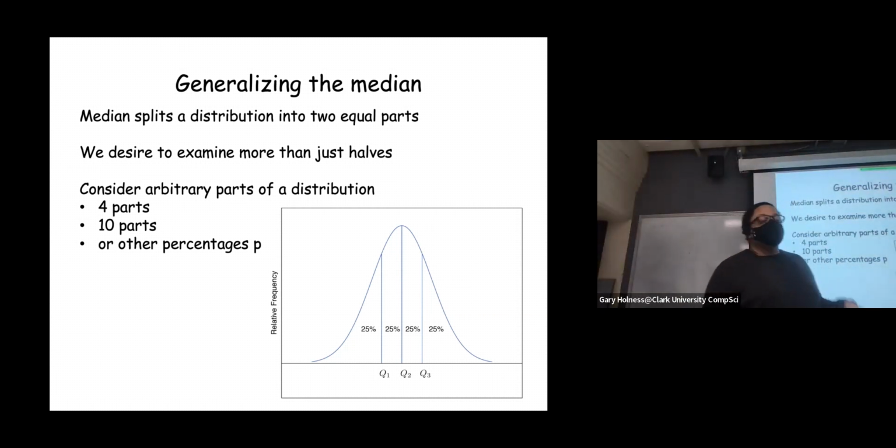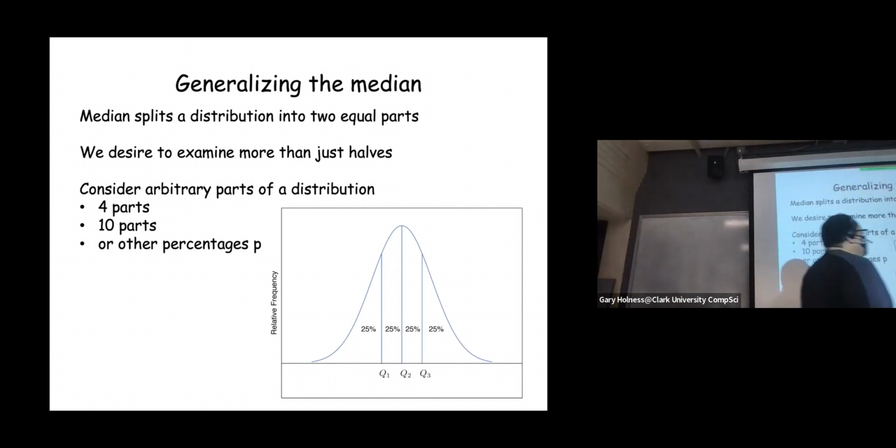Now, that being the case, there are some values among all the values that you can observe that separate or partition the area under your probability into certain percentage parts. The values here, Q1, Q2, and Q3 on the horizontal axis, are the so-called quartiles. They're called quartiles because the area under the curve for each region is 0.25 or 25%.